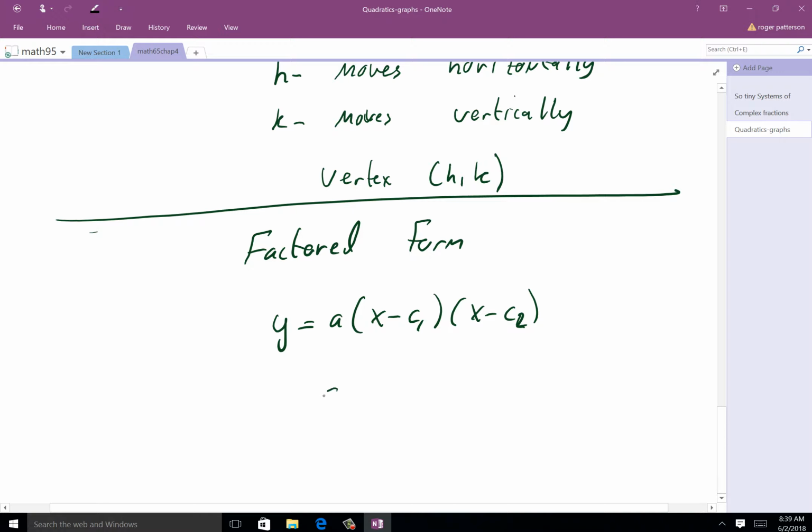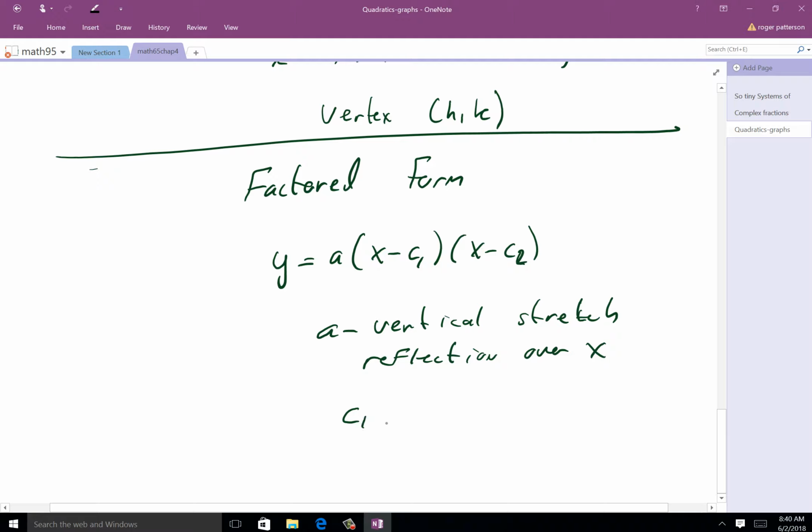A here again doesn't change anything: vertical stretch, and a reflection over x. And c1 and c2 are x-intercepts.